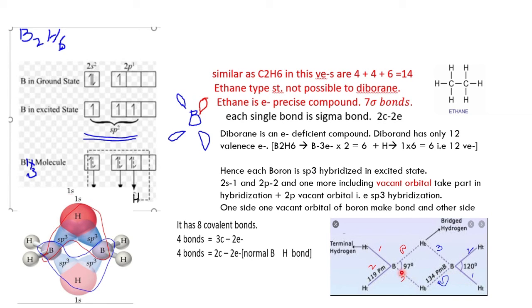This vacant orbital and the usual one-electron sharing of this boron, and the sharing of this hydrogen electron, means two electrons are shared between three atoms: boron 1, boron 2 and this hydrogen. So this is a 3 centered 2 electron bond. These 2 borons and this 1 hydrogen are bonded by 2 electrons. In the same way, 2 electrons are shared by using this other hydrogen, so this is also 3 centered 2 electron.